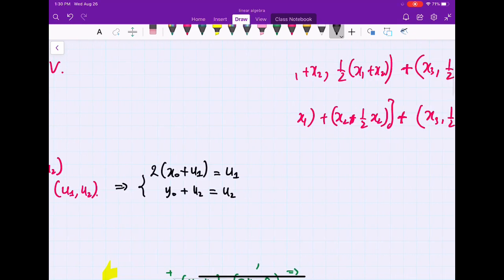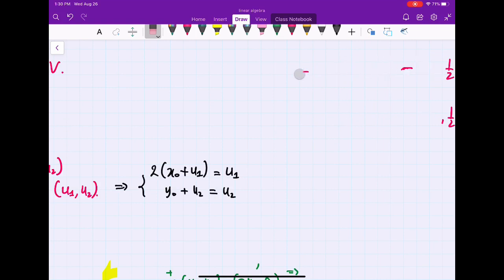So from the second equation, you see that actually y0 is 0. And from the first one, I have 2x0 equal to negative u1. But this is for any u1.